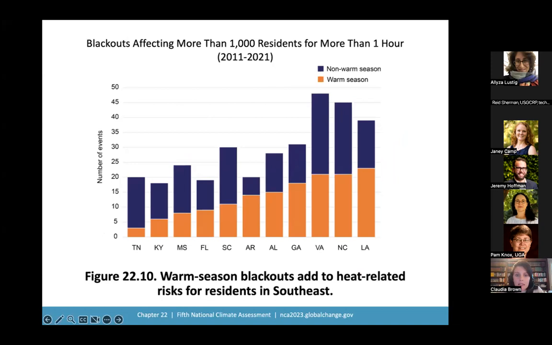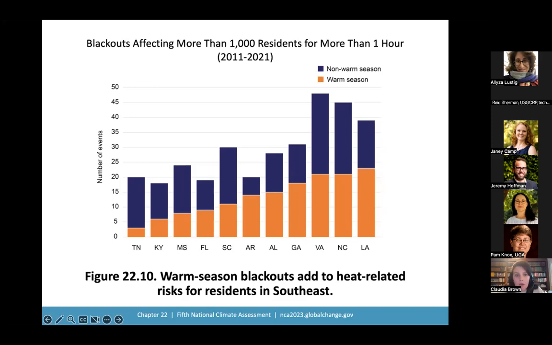And for several states in the Southeast, major blackout events are occurring most often during the warm season, increasing risk to heat-related illness. Major blackouts during the warm season generally occur during heat waves, placing older people at higher risk of heat exposure and heat-related illness because they do not have access to air conditioning.